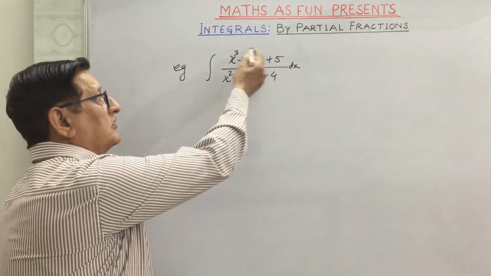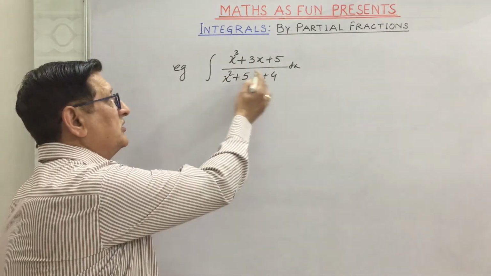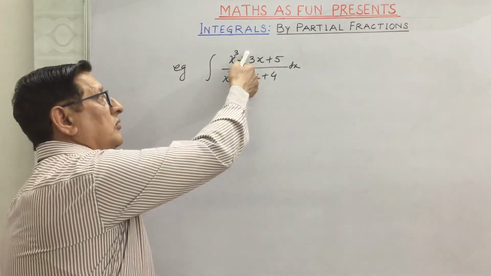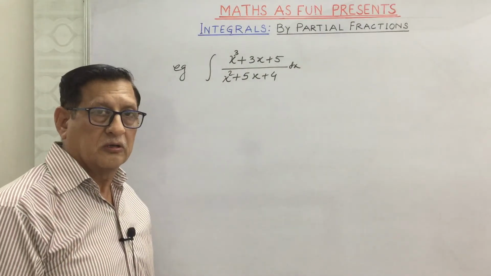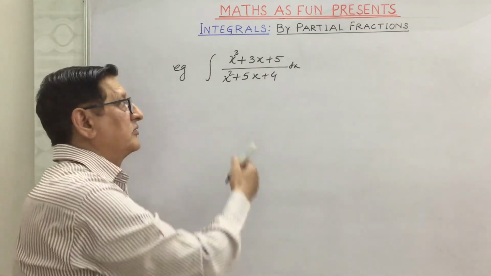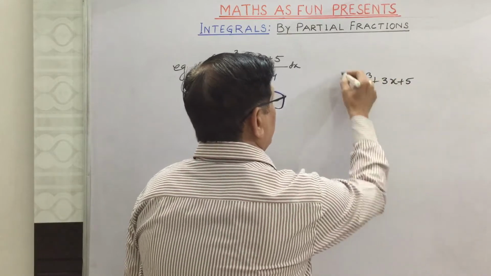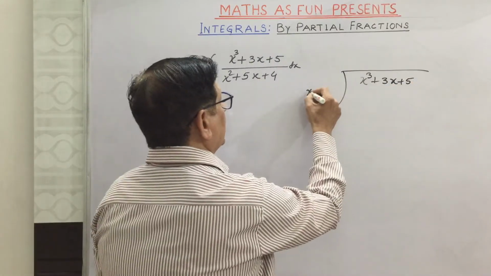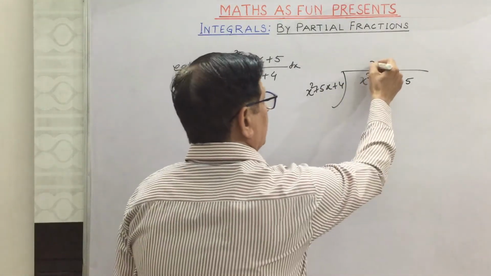Here we find that the degree of numerator is 3 and that of the denominator is 2. It means the degree of numerator is greater than the degree of the denominator. Degree of f(x) is greater than the degree of g(x). So we divide it. x cube plus 3x plus 5, when we divide by x square plus 5x plus 4, it goes x times.